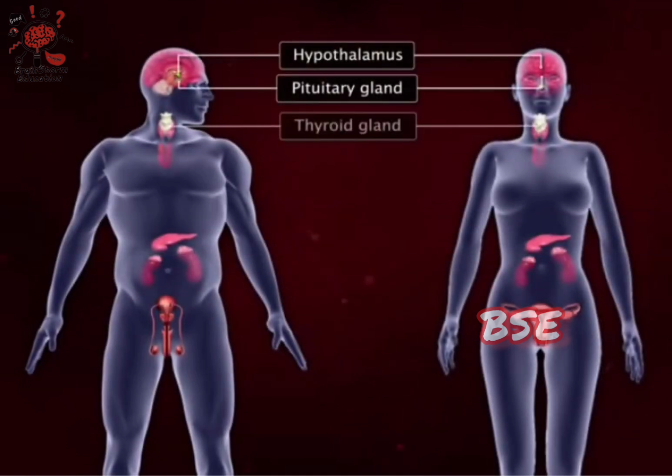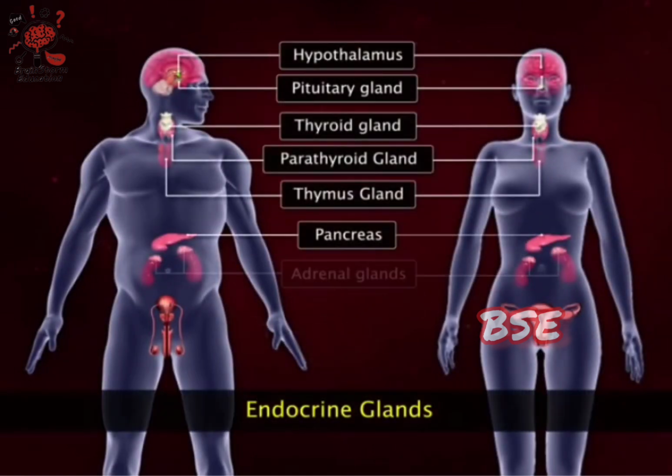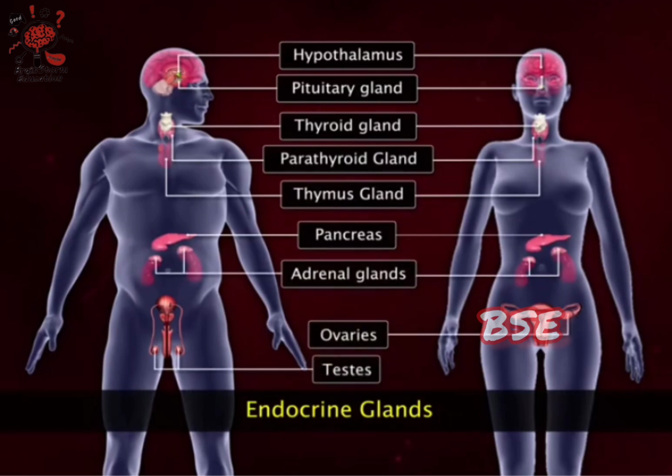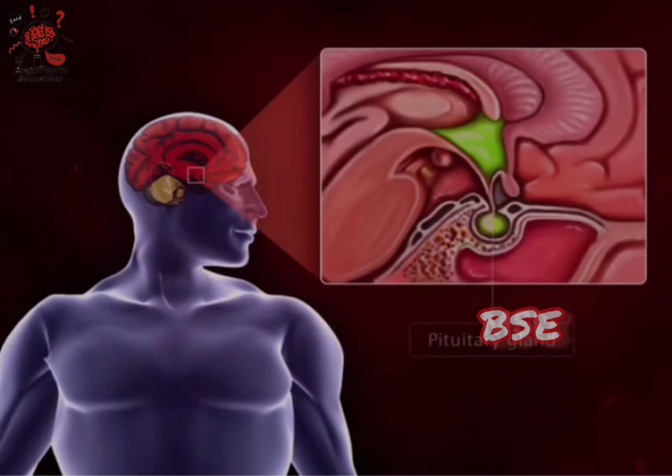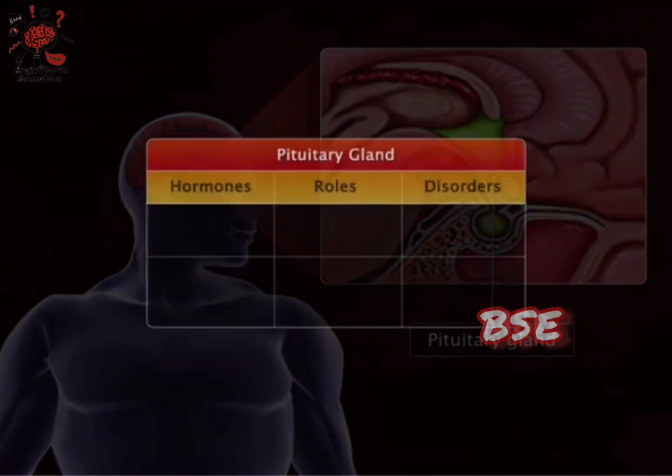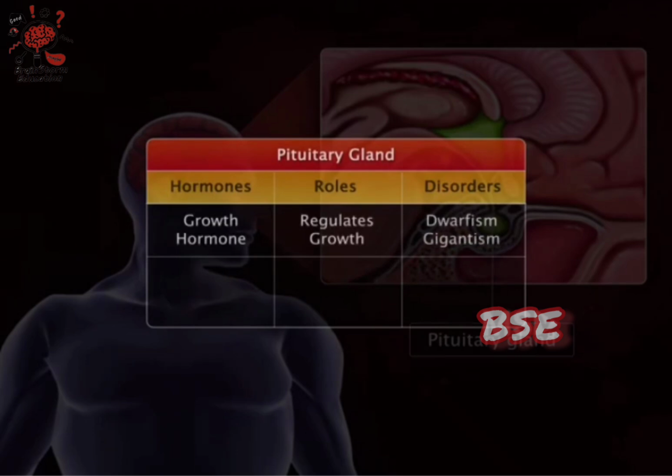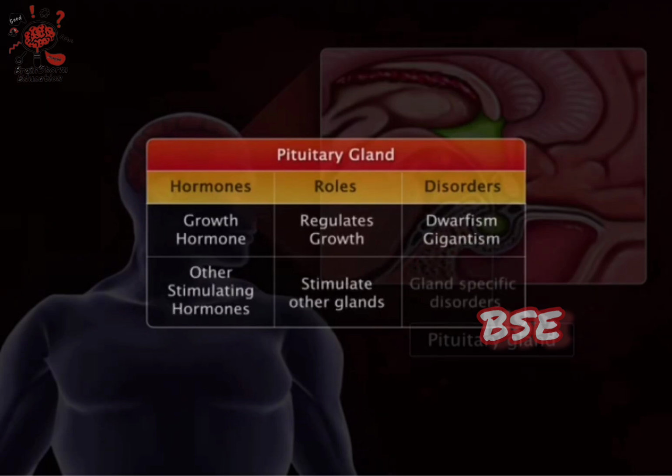Let us look at the major endocrine glands of our body, the hormones secreted by these glands, and their main roles. Pituitary gland, also called the master gland, secretes many hormones that control growth and also regulate the functions of other endocrine glands.